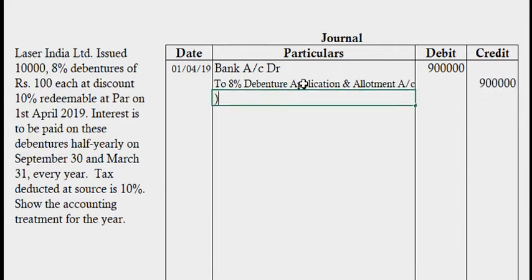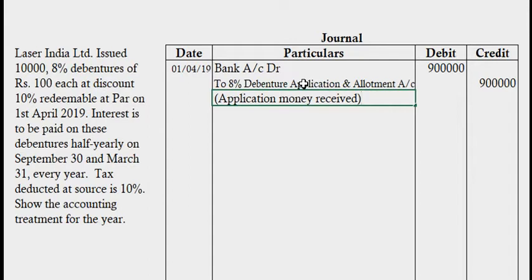So our narration is: application money received for 8% debentures.